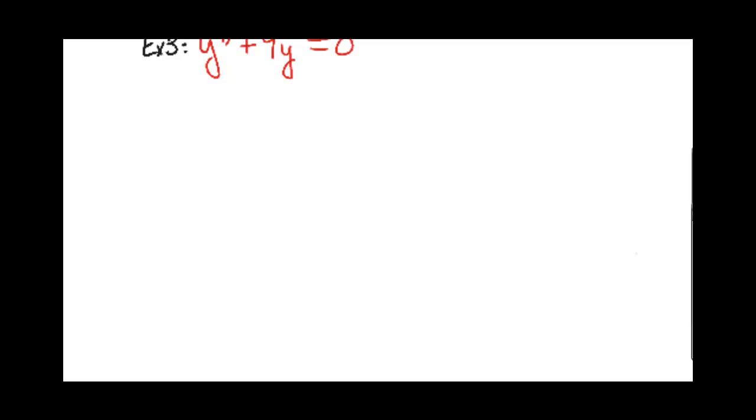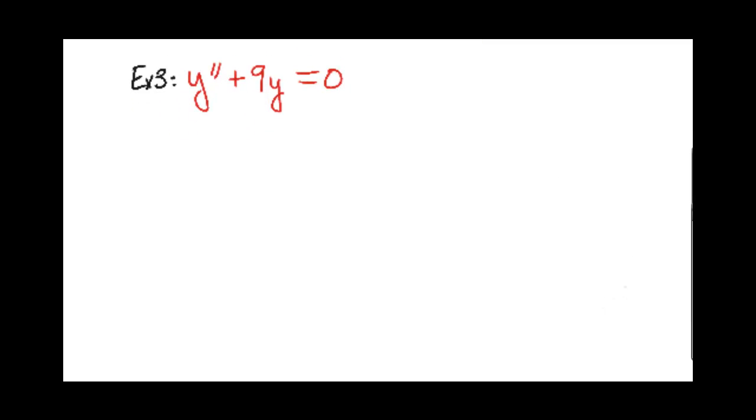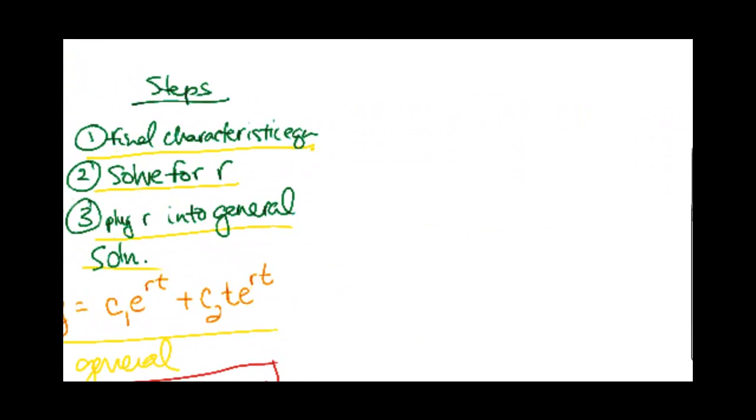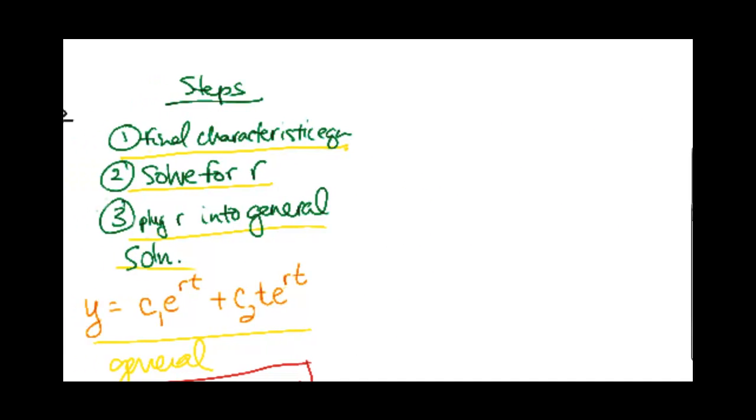Today we're going to be looking at homogeneous equations, specifically the case in which we have imaginary roots. So the steps are the same as before. You find the characteristic equation, you solve for r and plug into the general solution.